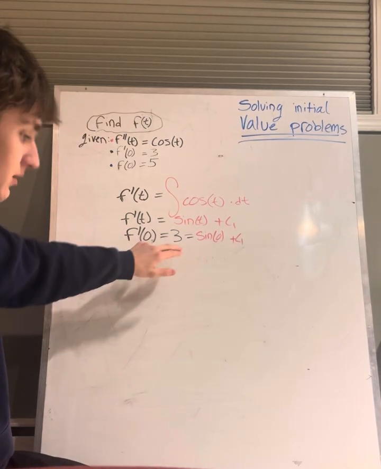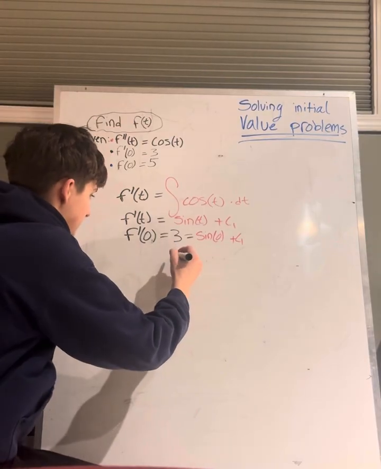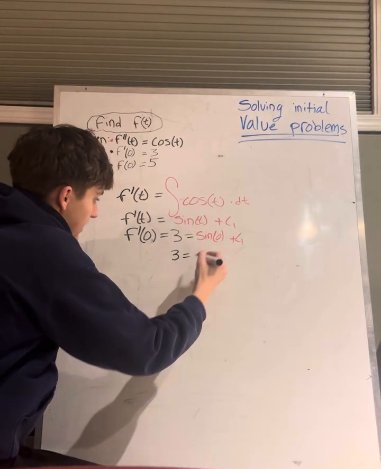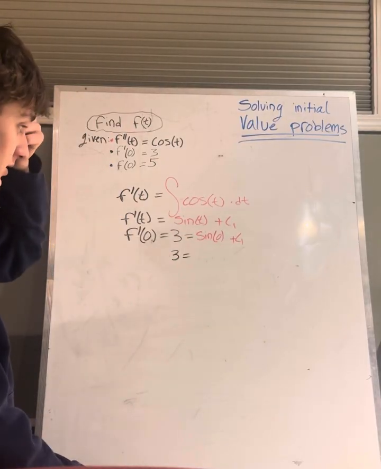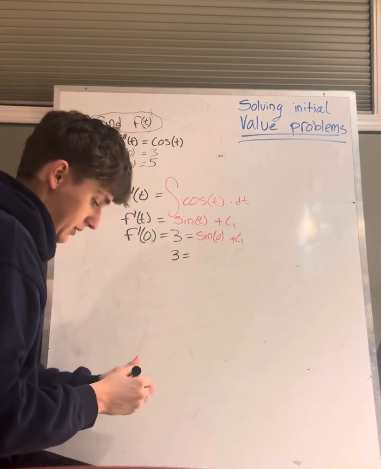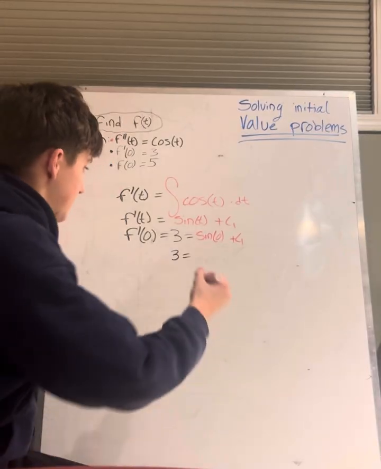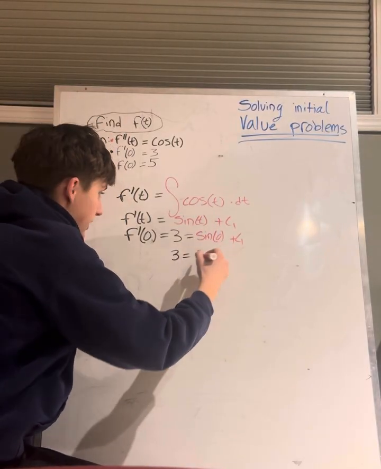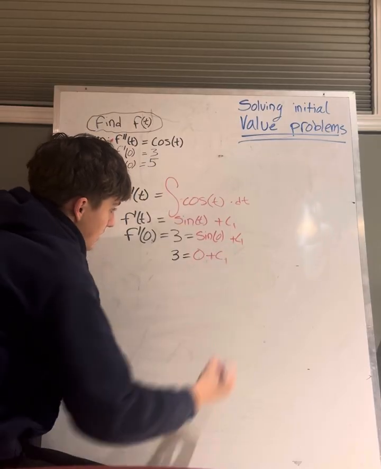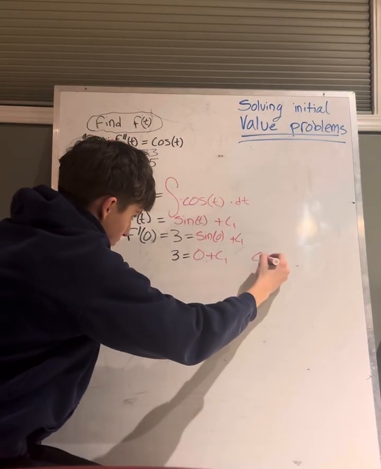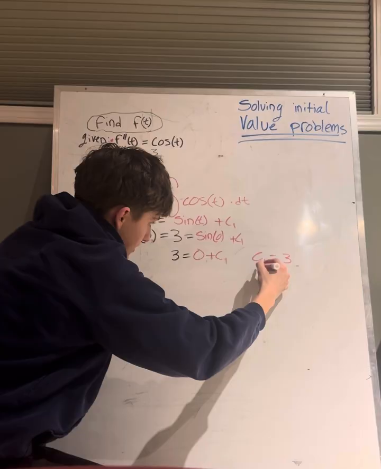So we know that 3 is going to stay the same, obviously. And if you go into your calculator on radians and type in sine of 0, you will get 0. Use radians, because we're dealing with trig here, right? So 0 plus c. It's very easy to see here that c1 is going to be equal to 3.